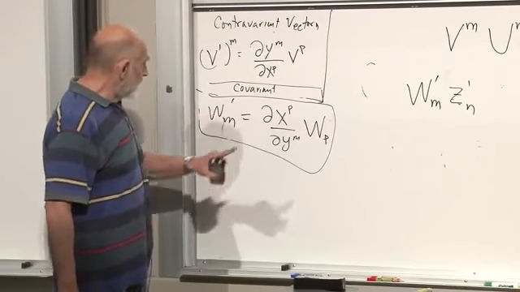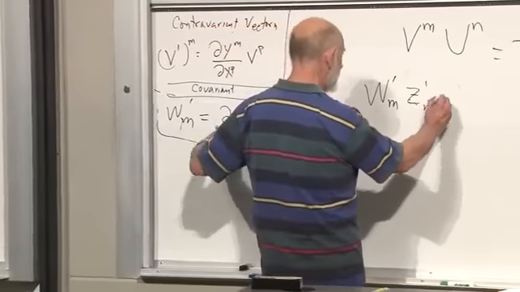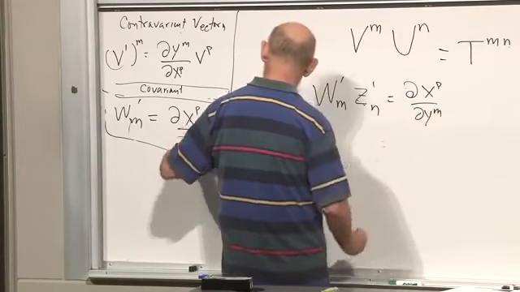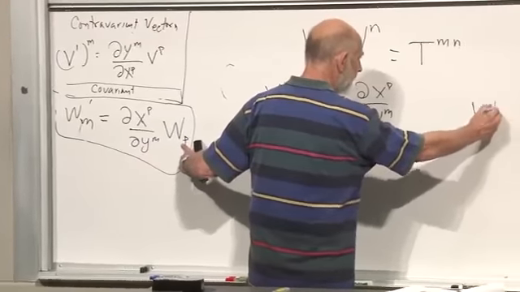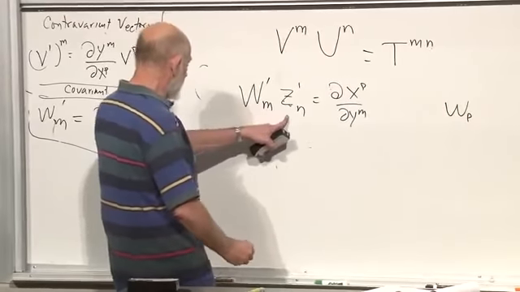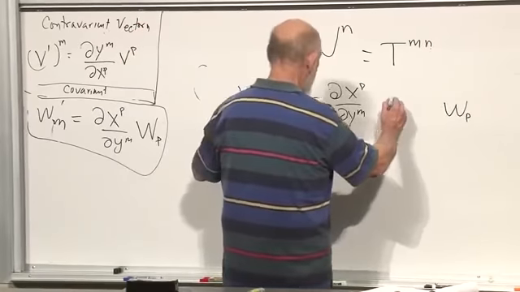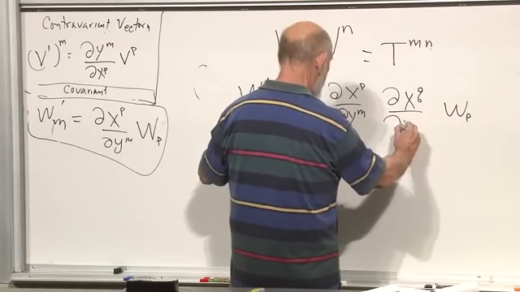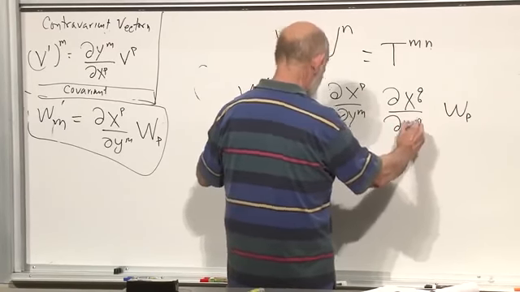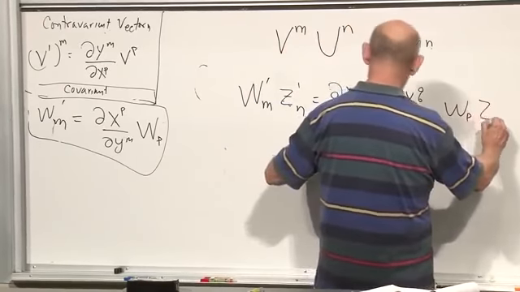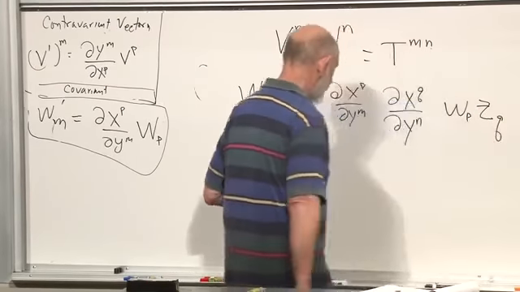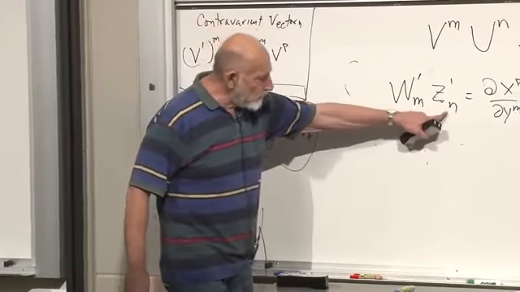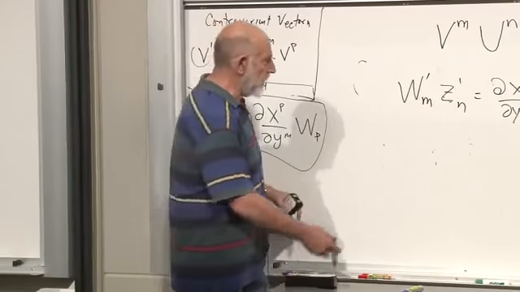All right, here's the rule. W prime_M is equal to dx^P by dy^M times W_P. Z prime_N, same game, dx^Q by dy^N times Z_Q. So here I've discovered a new transformation property of a thing with two covariant indices, two downstairs indices.